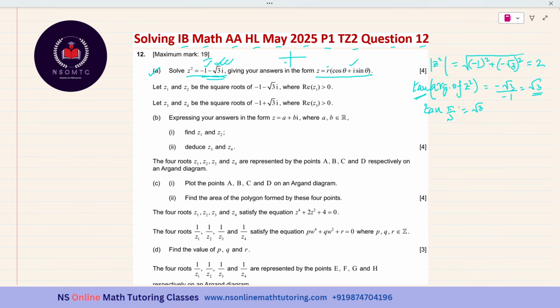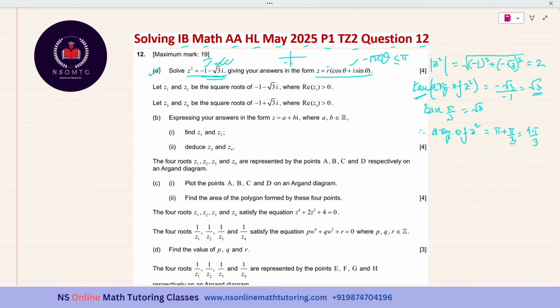Therefore, the argument of z squared is equal to pi plus pi over 3, which is equal to 4 pi over 3. But we write the argument in the range negative pi to positive pi.